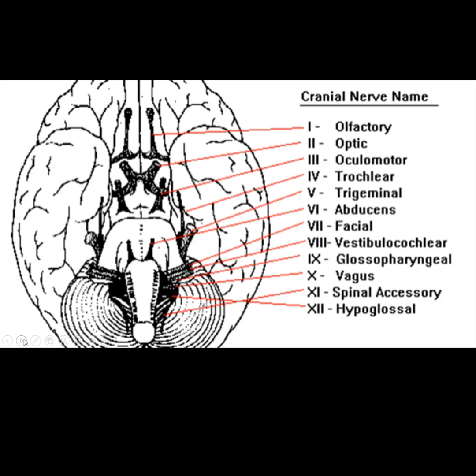All right, so the next section that we are going to be discussing of the neurological assessment is the cranial nerves, cranial nerve assessment. So everybody loves the cranial nerves. It is basically memorization.